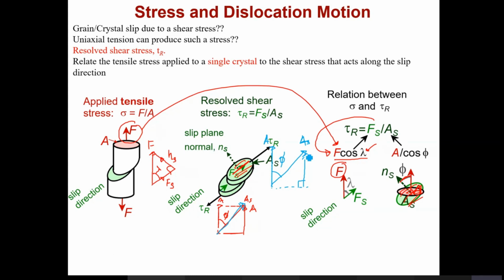Now this is the hypotenuse, which is AS, this is my base and this is the height. So cos of phi is what? Sir, base over hypotenuse. Base over hypotenuse, which is A upon AS.